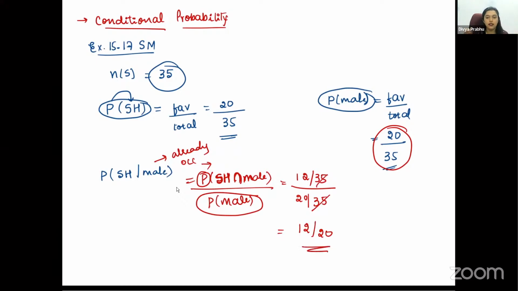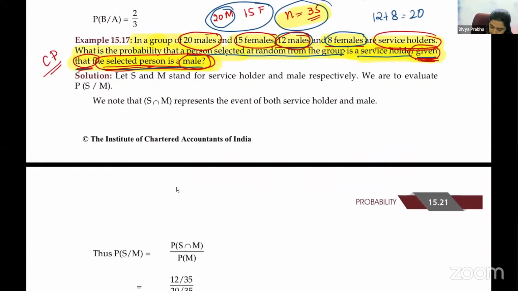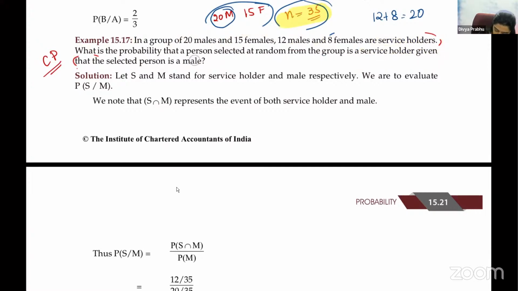Clear? So in this question, always understand, first you have to check which probability we are finding and which is the event which is already occurred. Now they said that the already occurred event is, given that the selected person is a male. So the already occurred event is male.